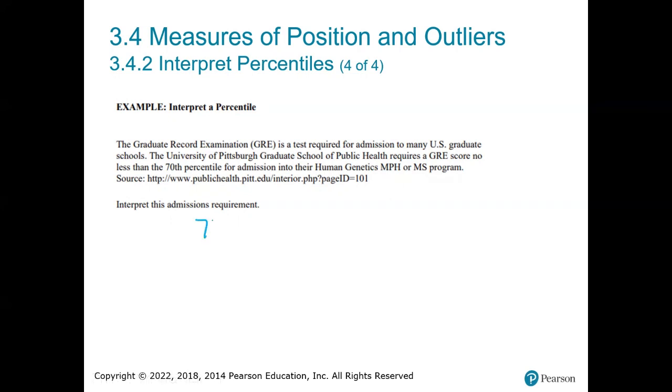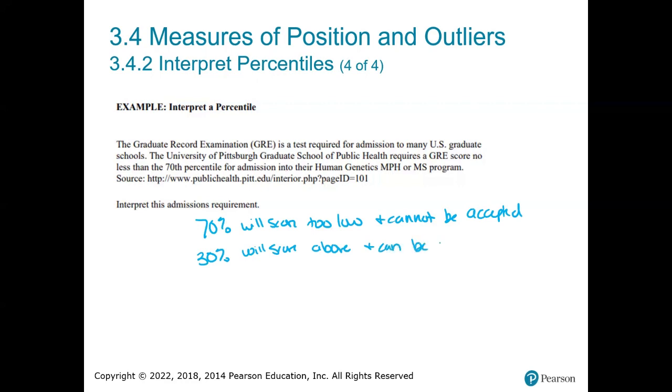So 70% will score too low and cannot be accepted. Only 30% of people that take a GRE would be allowed into this program. So 30% will score above and can be admitted.